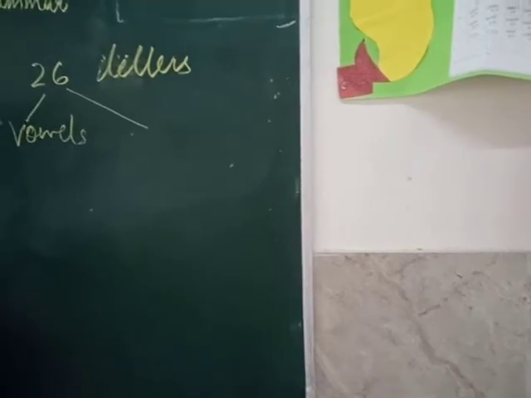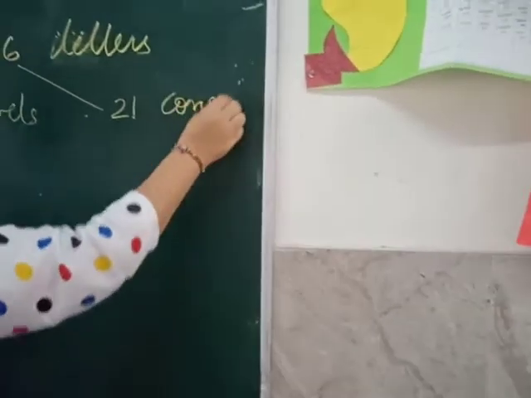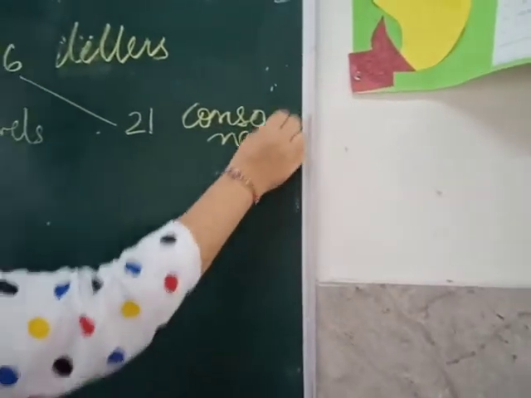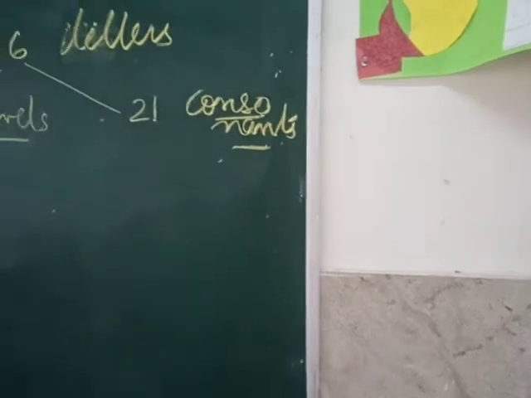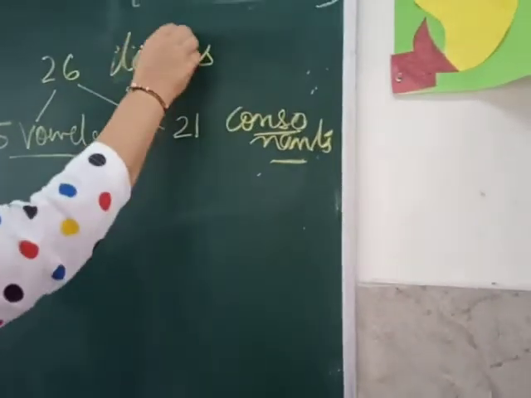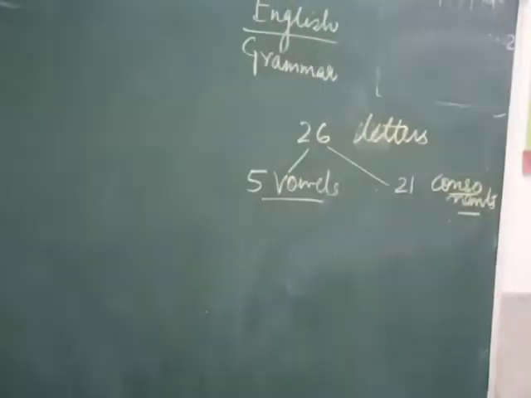Kitne? 21. We have 21 consonants. इतना समझ आ गया? Is it clear? 26 letters English alphabets में 5 are vowels and 21 are consonants.